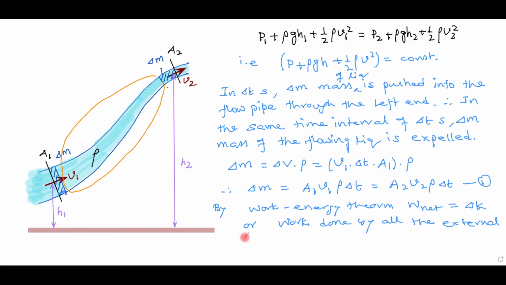All the external forces on del m is equal to change in its kinetic energy. What is the change in its kinetic energy? Half del m V2 square minus half del m V1 square.